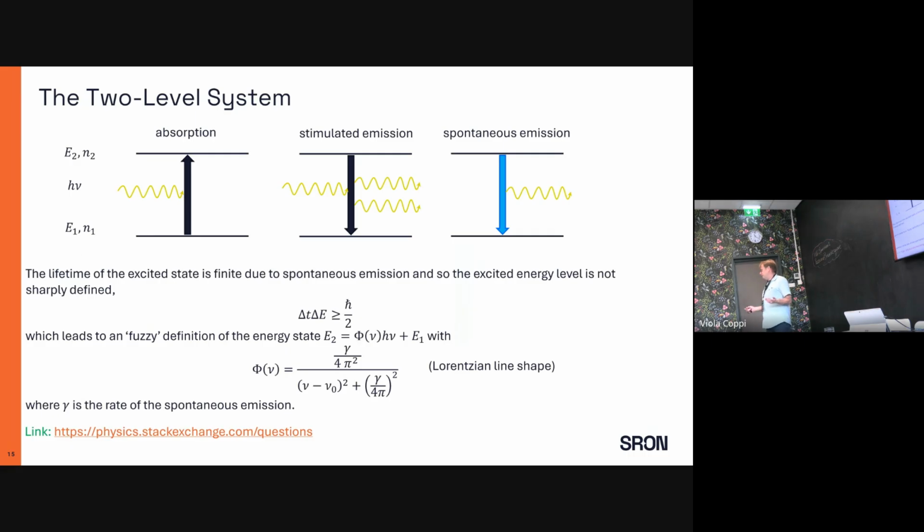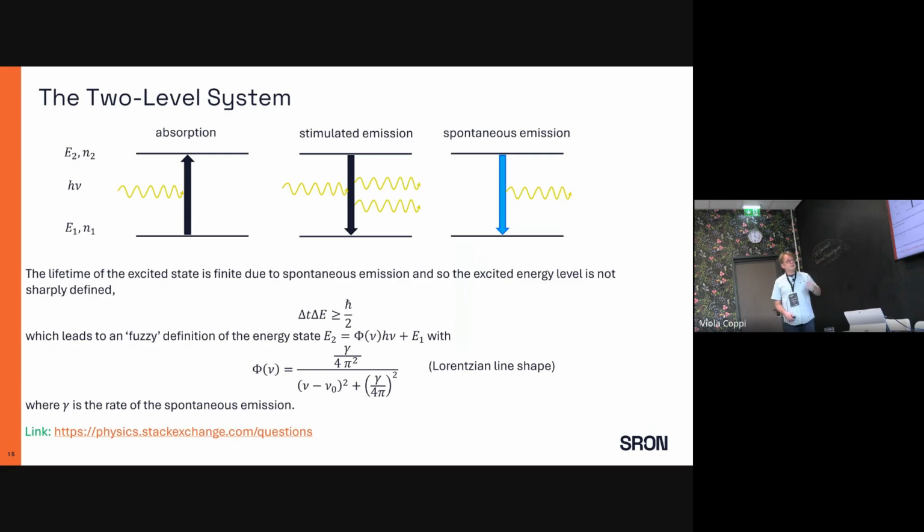We can also have what we call stimulated emission. That means the molecule is in the excited state, a photon comes by with the energy of the gap that we see here, and the molecule hits one of these photons and emits two coherent photons. So it's a kind of birth of a photon, yeah?